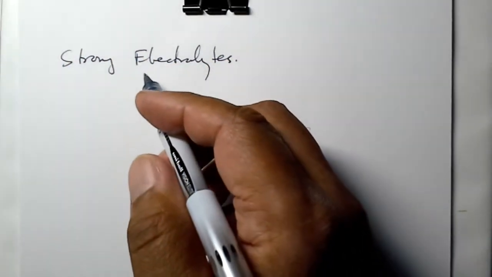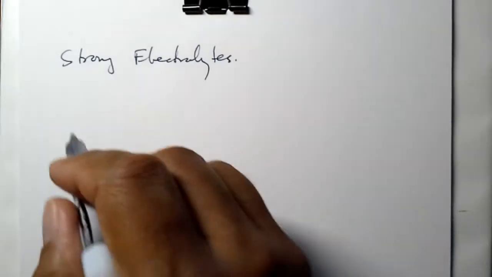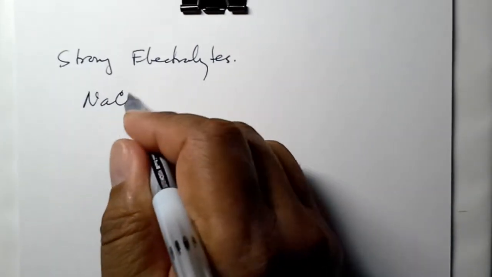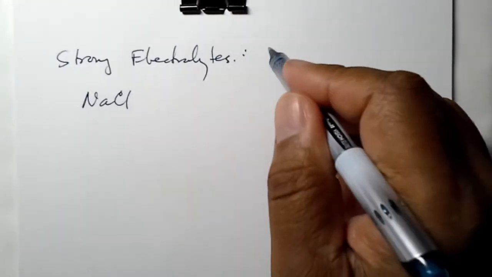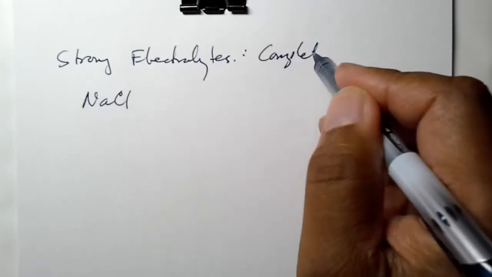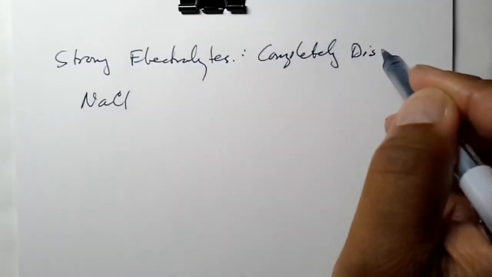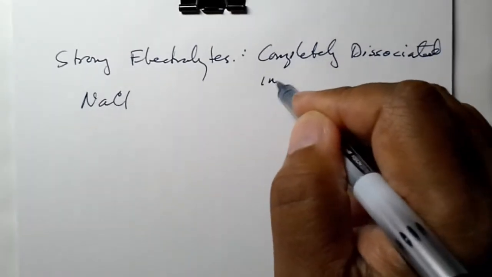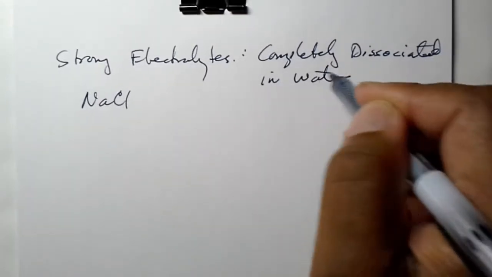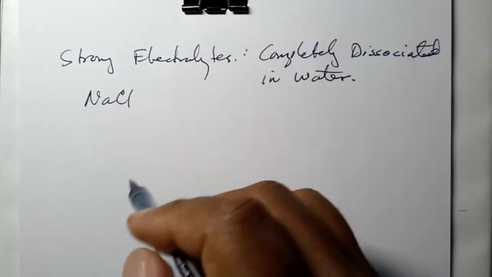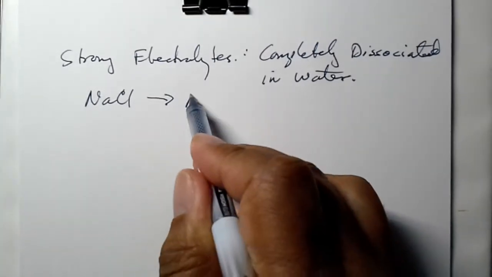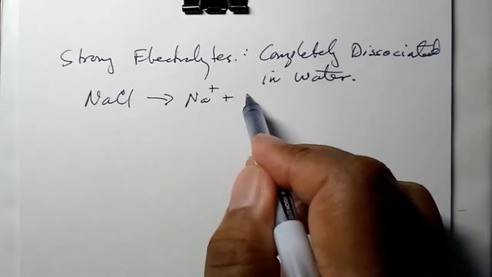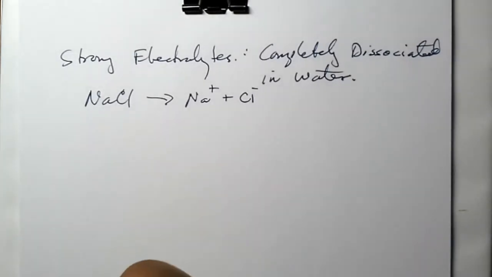For instance, sodium chloride. So completely dissociated in water. We form sodium ion plus chloride ion.